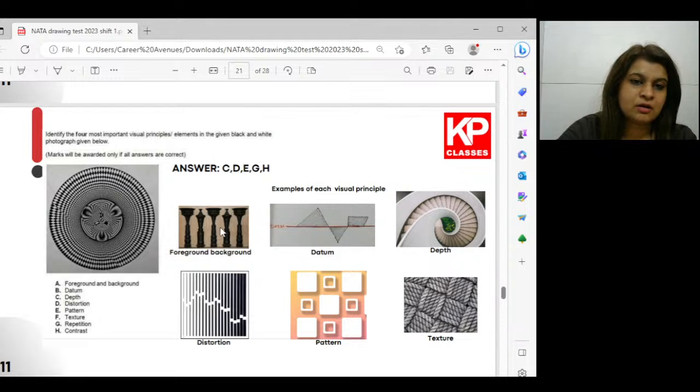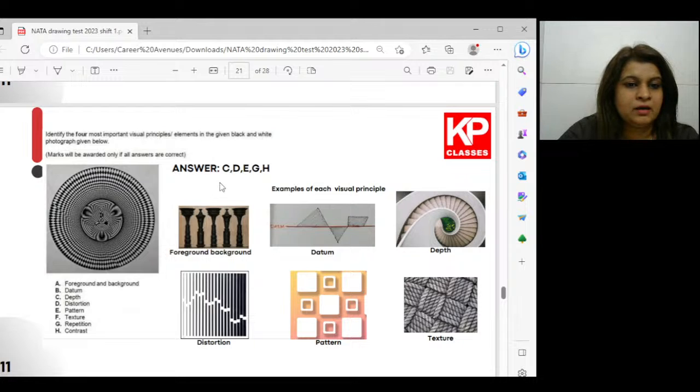Now let's see what the right options are. It is depth, it is distortion. Why distortion? Can you see, very minutely, there's a little bit of disruption happening in the pattern over here? That's the visual principle of distortion that has been used. Maybe the artist or the photographer had something in mind, and that's why they have used this particular principle.